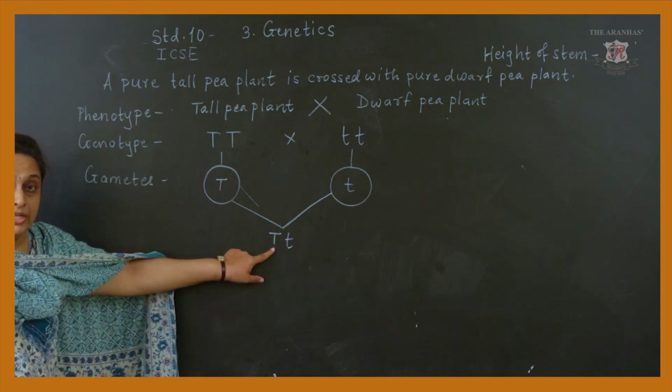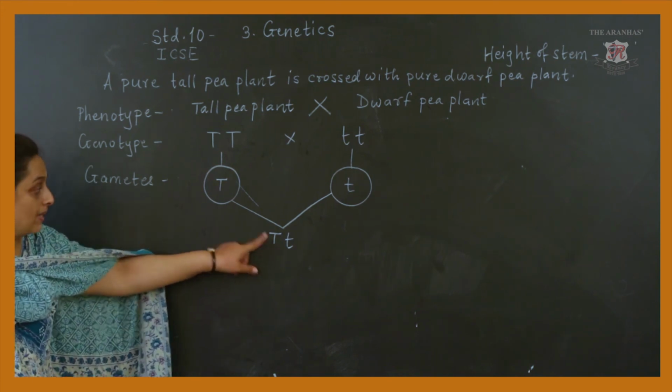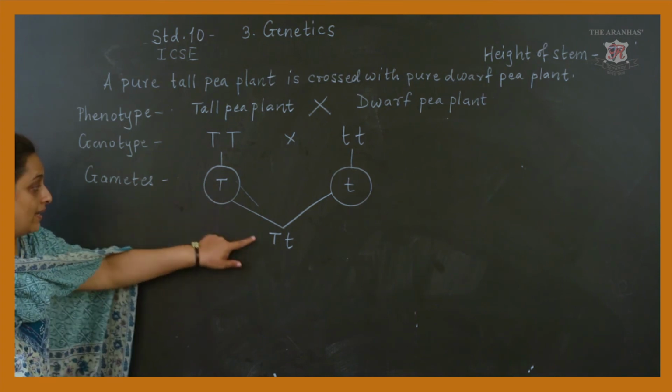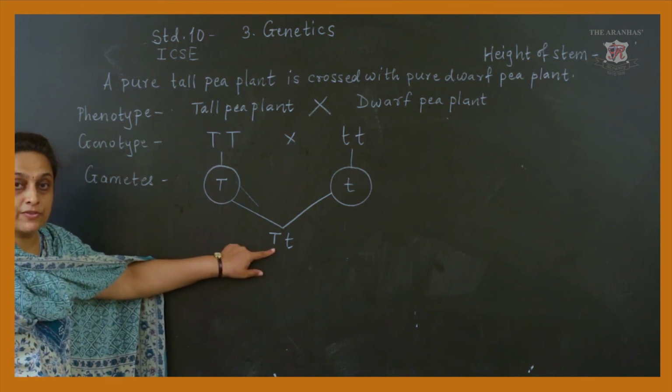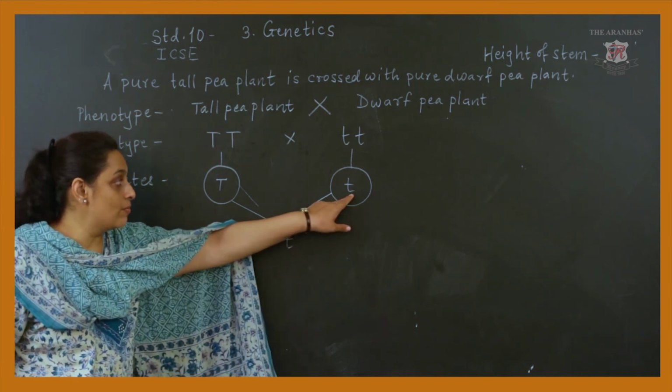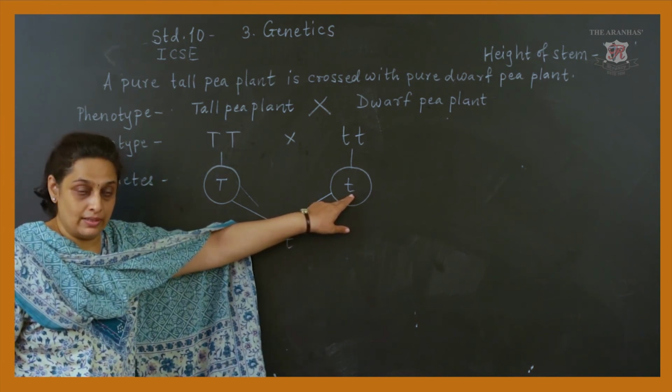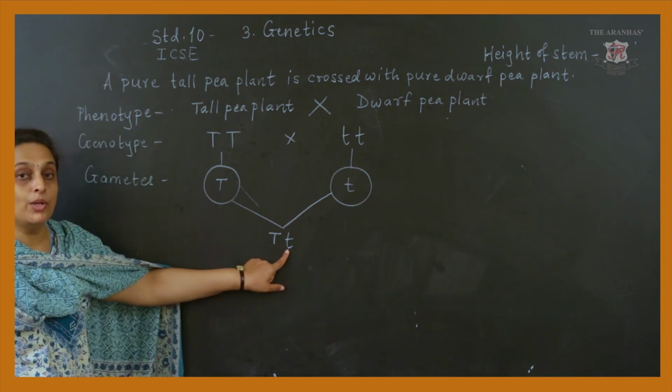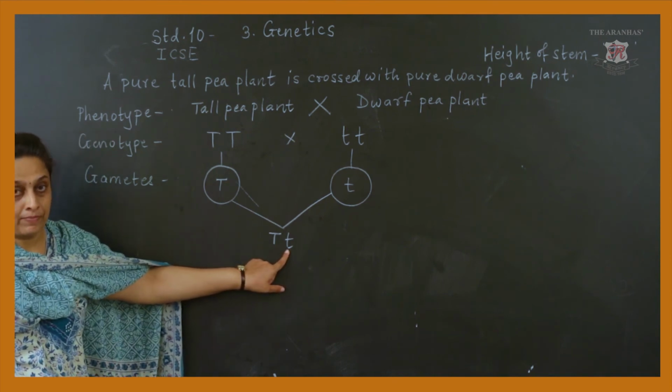See what combination I have obtained now. Capital T gene comes from tall parent and small t gene comes from dwarf parent. Okay?